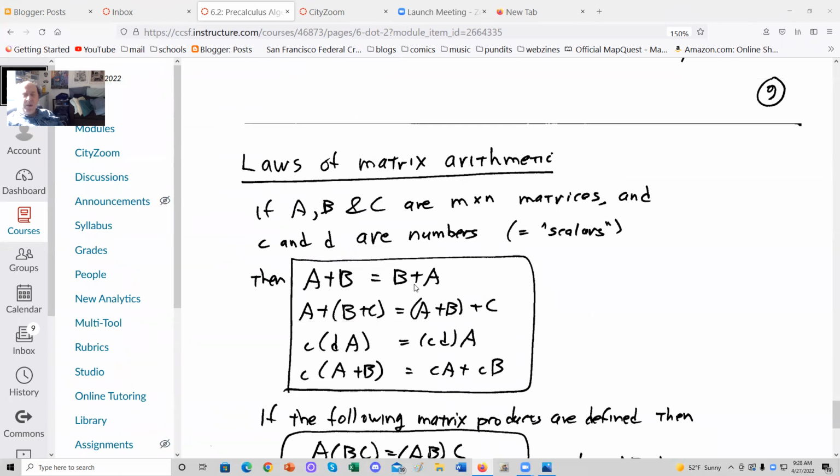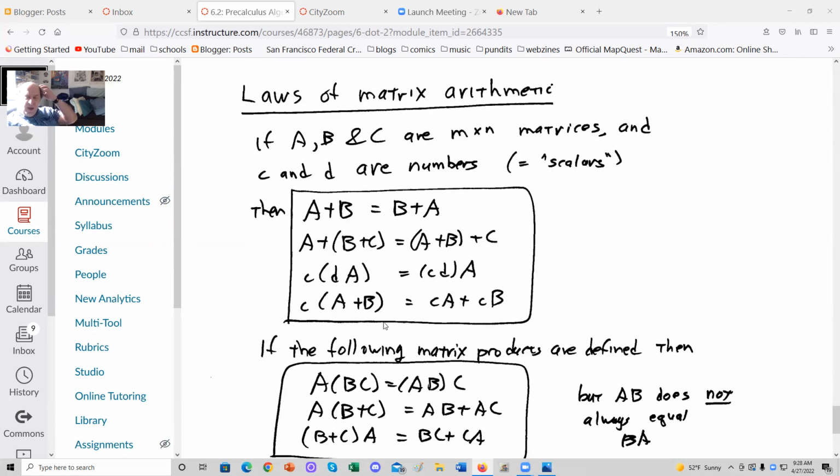A plus B equals B plus A, it's commutative. It's associative: A plus B plus C is A plus B, that plus C. It's associative for scalar multiplication: C times D A equals C D times A. And it's distributive for scalar multiplication: C times A plus B is CA plus CB, for C and D being scalars, that is to say, real numbers.